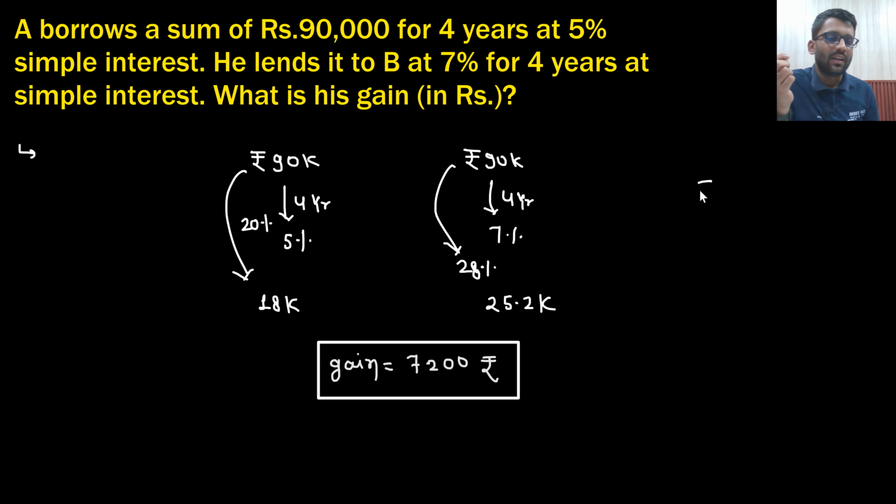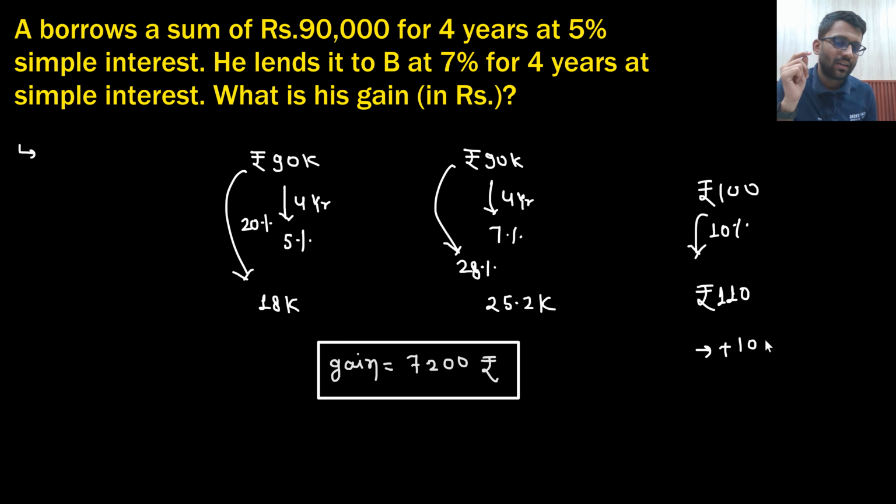Basically what we did, I took 100 rupees from my father. Then my father said that you have to give me 10% interest. So I will pay him 110 rupees, or I can say I will pay him 10 rupees of interest. Then what did I do? I went to my elder brother. I said that I am having 100 rupees, I am giving it to you, but you will pay me 20% of interest.